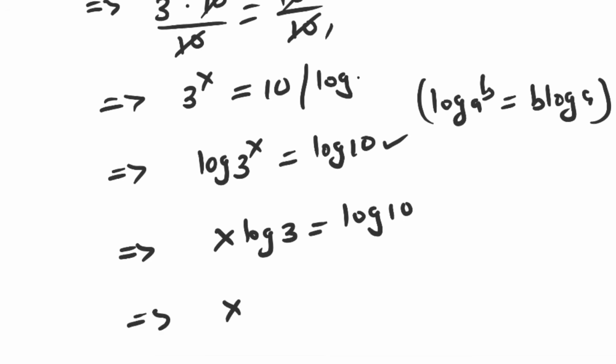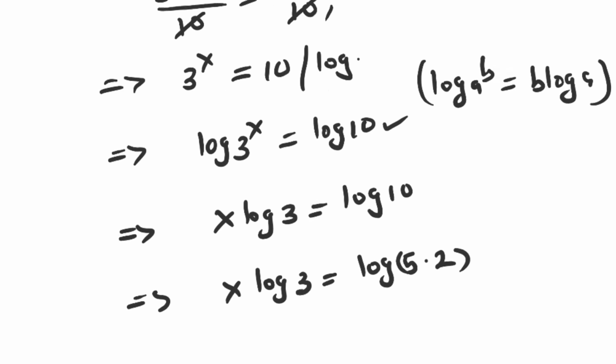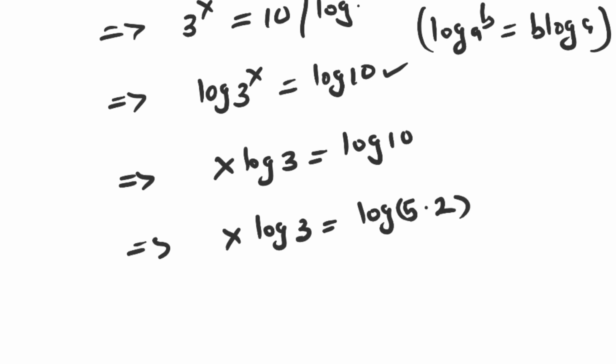Then this is x log 3 is equal to log 10, can be written as log 5 multiplied by 2. Then if you have log a multiplied by b, this is equal to log a plus log b.